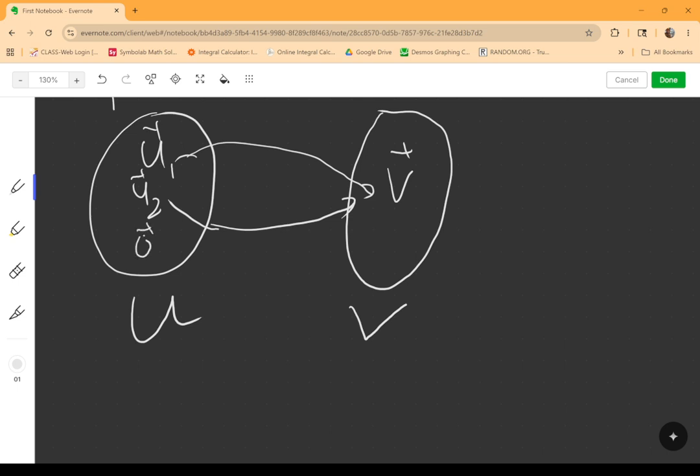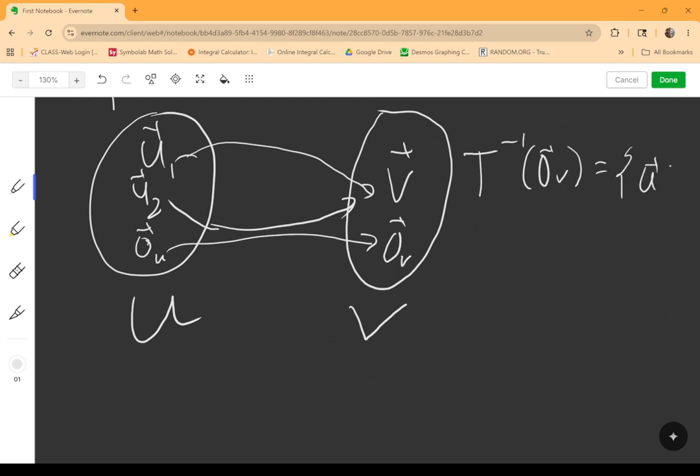Since it's a linear transformation, the zero vector in u always maps onto the zero vector in v. So the preimage of the zero vector in v will always include the zero vector in u.